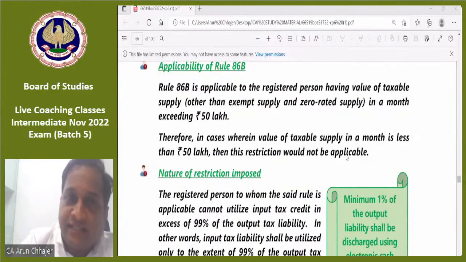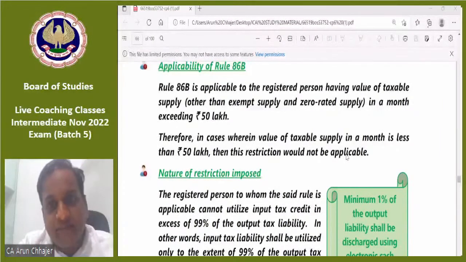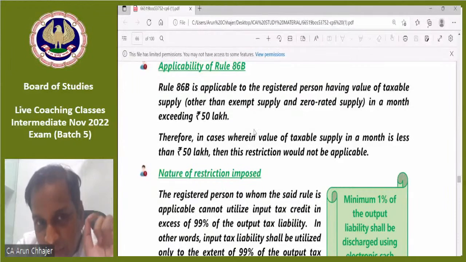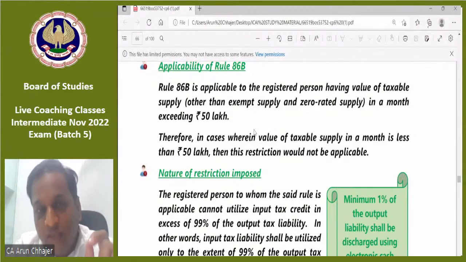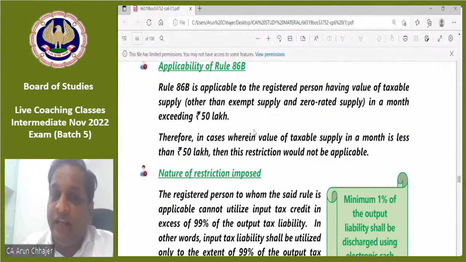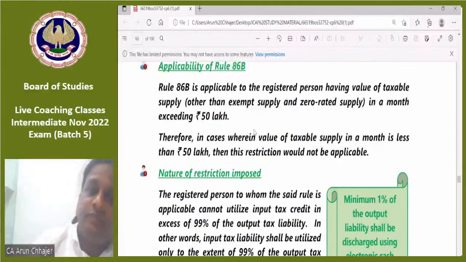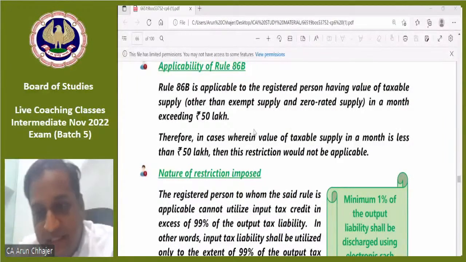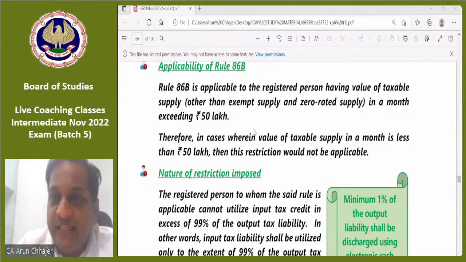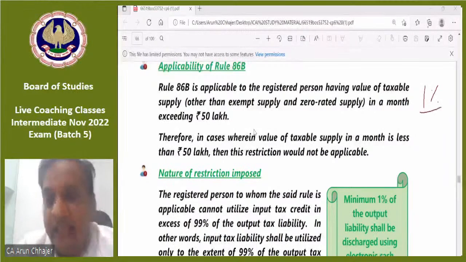Fine. So they are saying that in the calculation of the 50 lakh, we will not count exempted and zero rated. If this is the case, then Rule 86B says you have to pay 1% of the tax liability in cash.